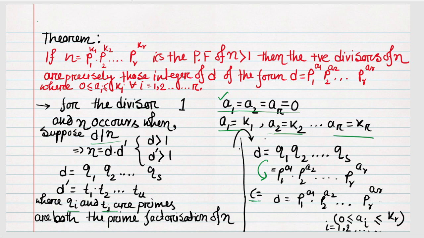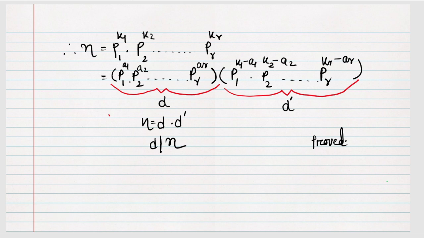Then from this place our converse proof has started, that is d equals p1^a1 p2^a2 dot dot pr^ar. So if we write n equals p1^k1 p2^k2 dot dot pr^kr, we can easily write this in the form of p1^a1 p2^a2 and pr^ar, where this one and p1^k1 both are here.